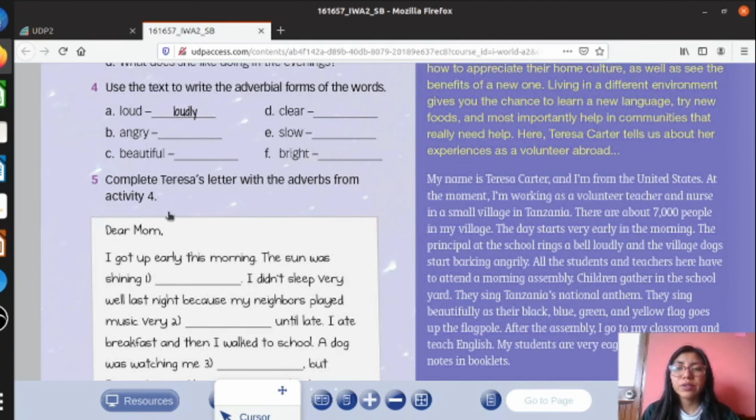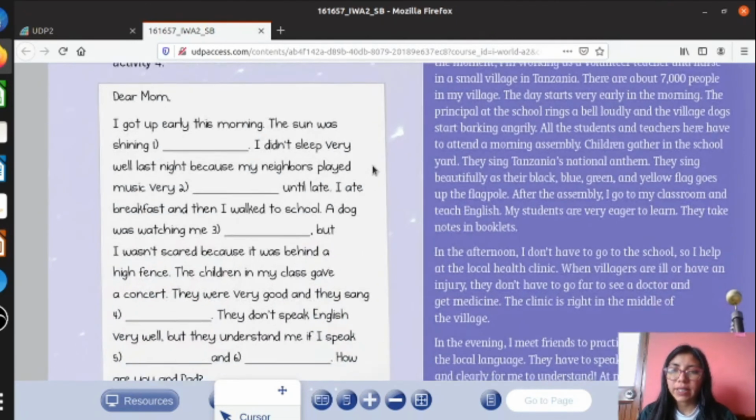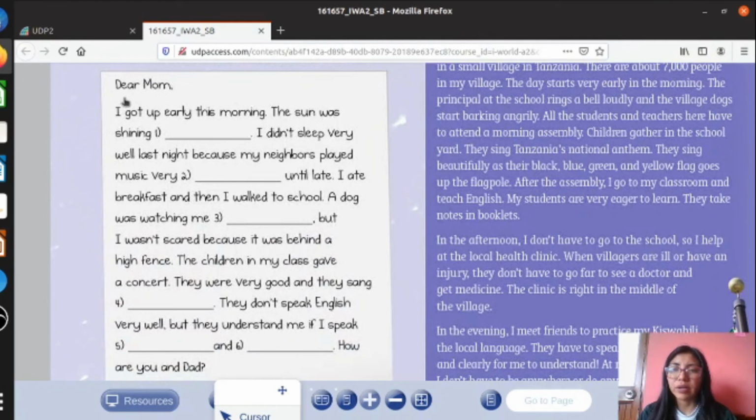We are going to do the exercise number 5, okay? Complete Teresa's letter with the adverbs from the activity 4. Okay, so we have to use those words. Tenemos que utilizar estas palabras in order to complete that, okay? Pay attention to the letter.